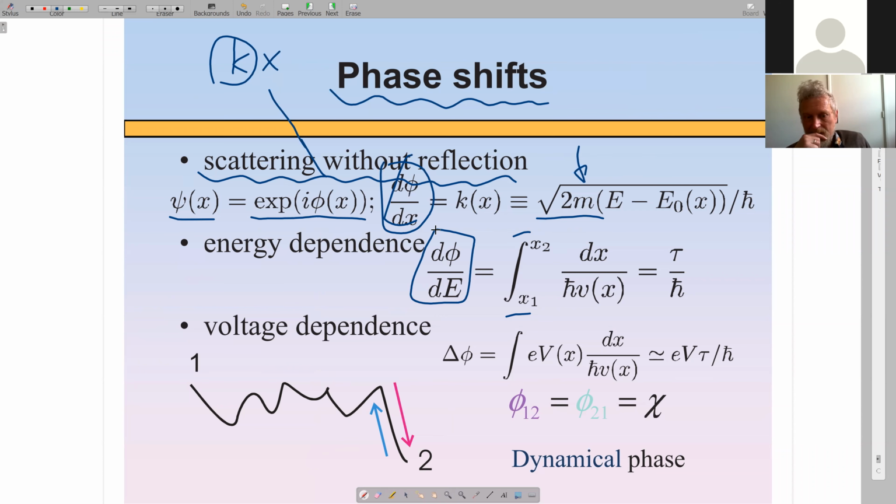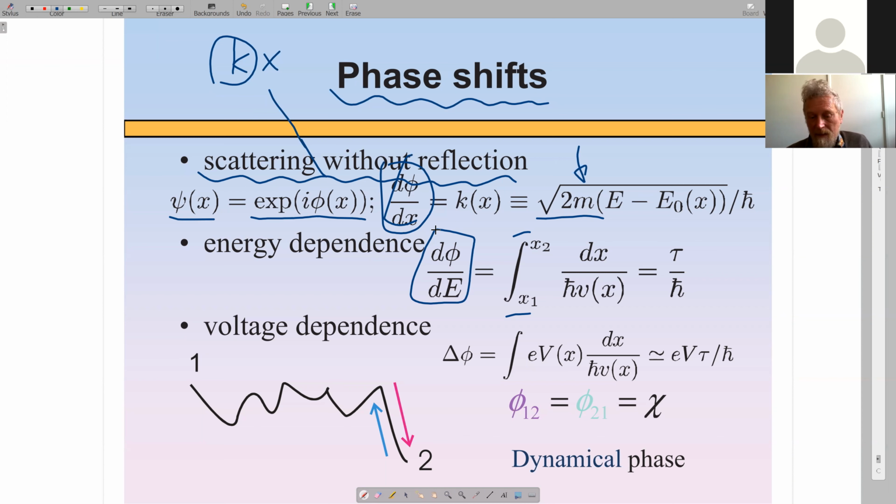And we will figure out that eventually the derivative of phase with respect to energy is related to the time which is required for an electron to cover a certain region. Fine. So for any nanostructure, there is a relation between the scattering phase shift and how much time electrons have spent in this nanostructure.